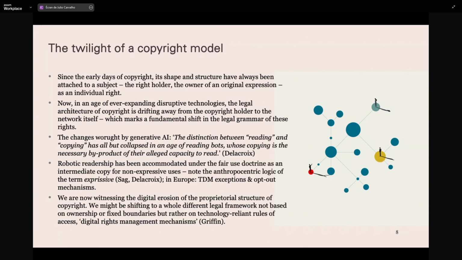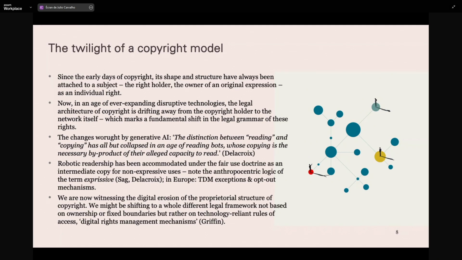This is perhaps an interesting trait of a total innovation. And we might be shifting to a whole different legal framework, not based perhaps on ownership or fixed boundaries, but rather on technology-reliant rules of access or digital rights management mechanisms.